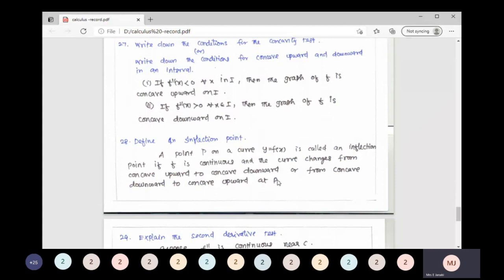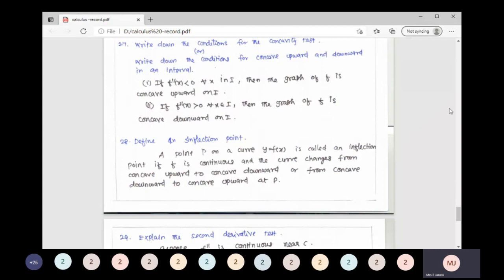Next term, inflection point. A point P on the curve y = f(x) is called an inflection point if f is continuous and the curve changes from concave upward to concave downward, or from concave downward to concave upward at that particular point. Then this point P is said to be an inflection point.